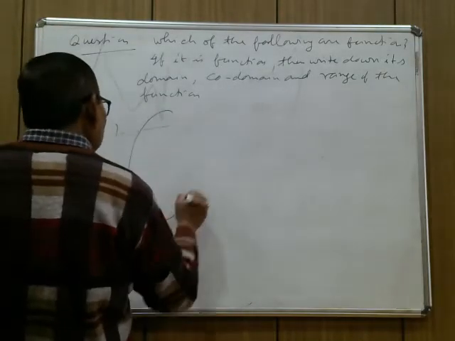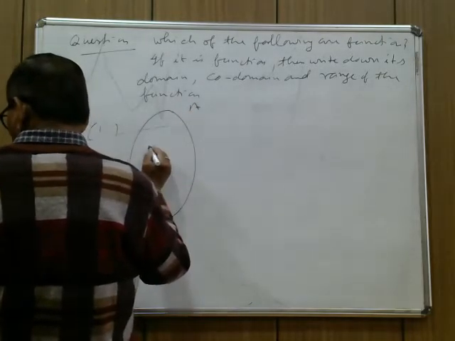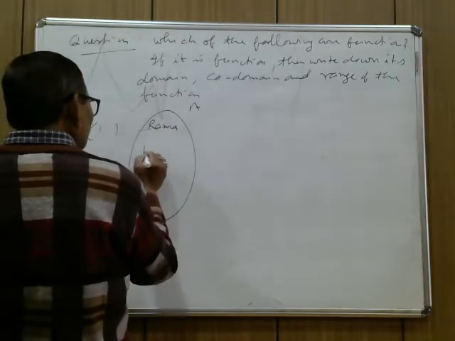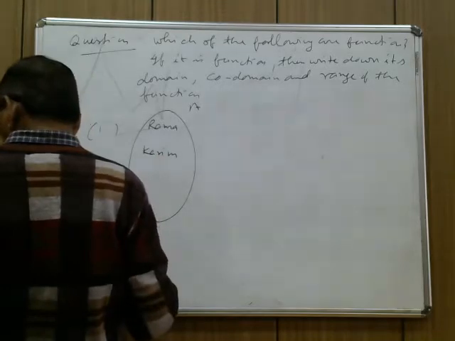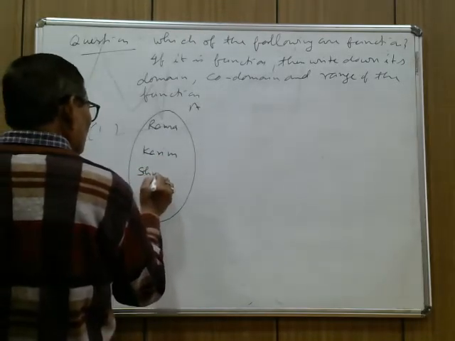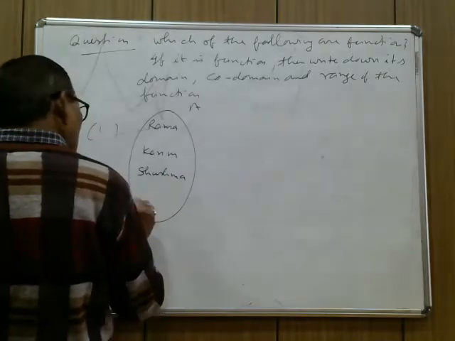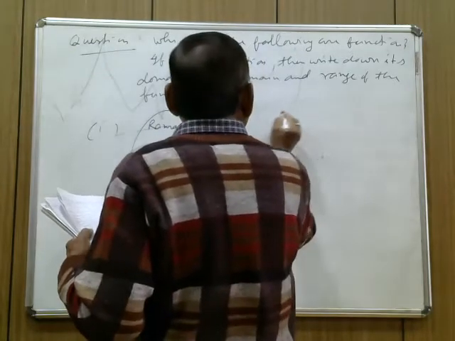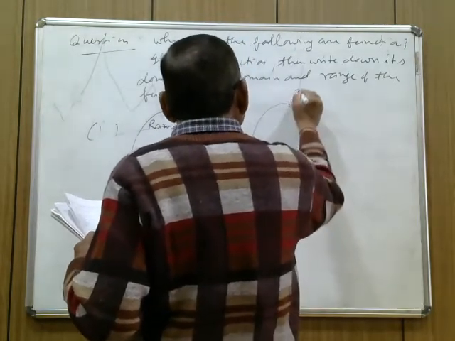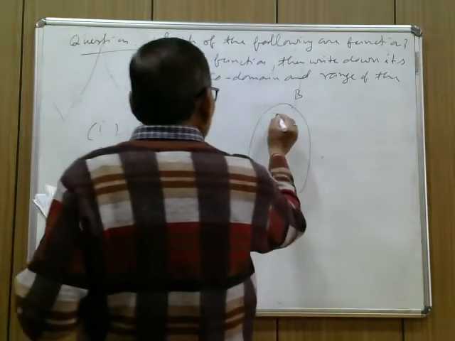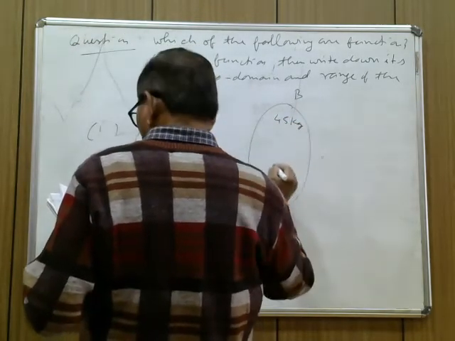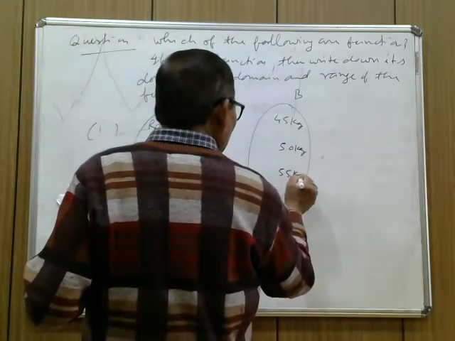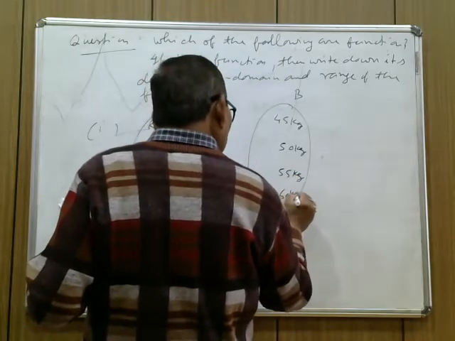Your first set A has members Rama, Kareem, Sushma and Lata. And in second set B, it is 45 kg, this is 50 kg, this is 55 kg and this is 60 kg.